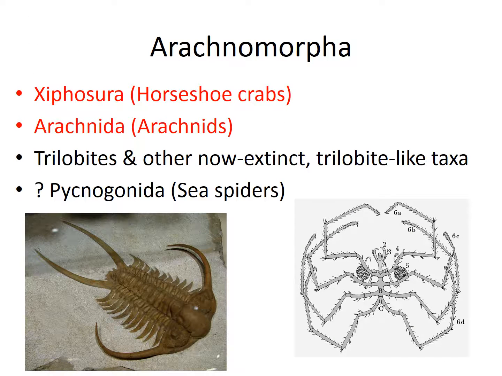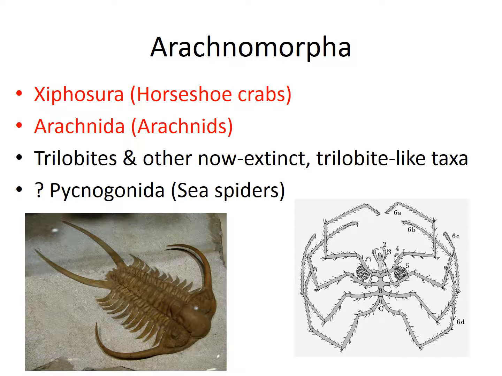Arachnomorpha contains a number of different groups. We're going to talk about a few of these today. Xiphoceira, which are the horseshoe crabs, and Arachnida, which are arachnids. But it also contains a number of extinct groups, such as trilobites and various other trilobite-like taxa. You can see a trilobite in the bottom left here. And it may or may not, depending on who you believe, contain a group called Pycnogonida, which are sea spiders.